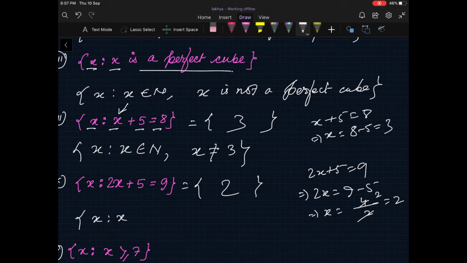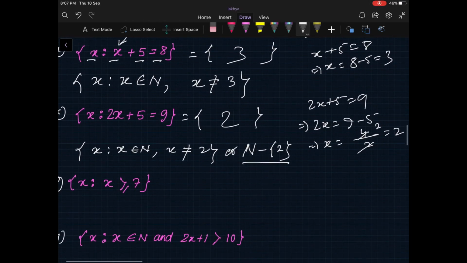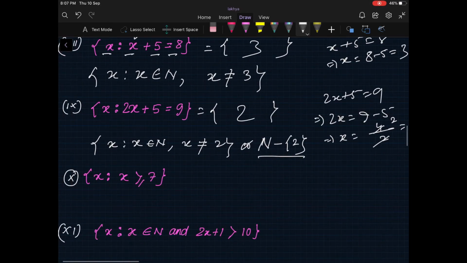So the complement of this set must be x such that x belongs to N where x is not equal to 2. Okay, so that's how we can write. Or this can also be written as N minus the set containing 2, like this also you can write.